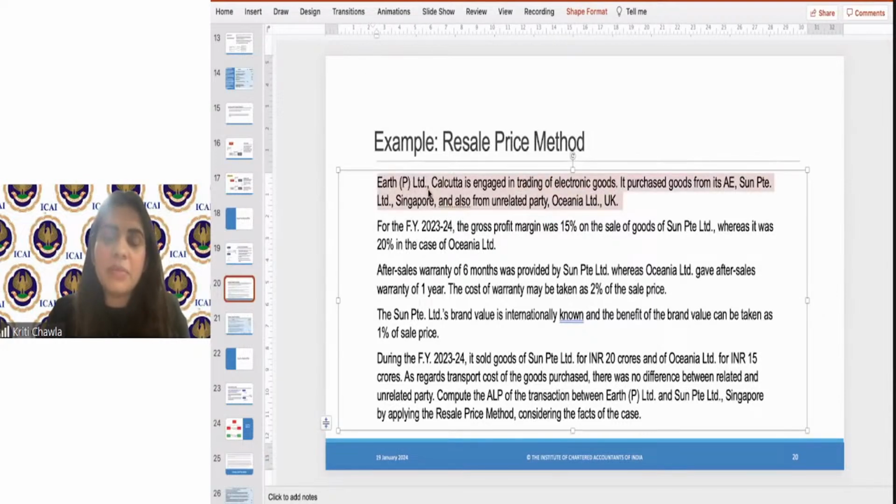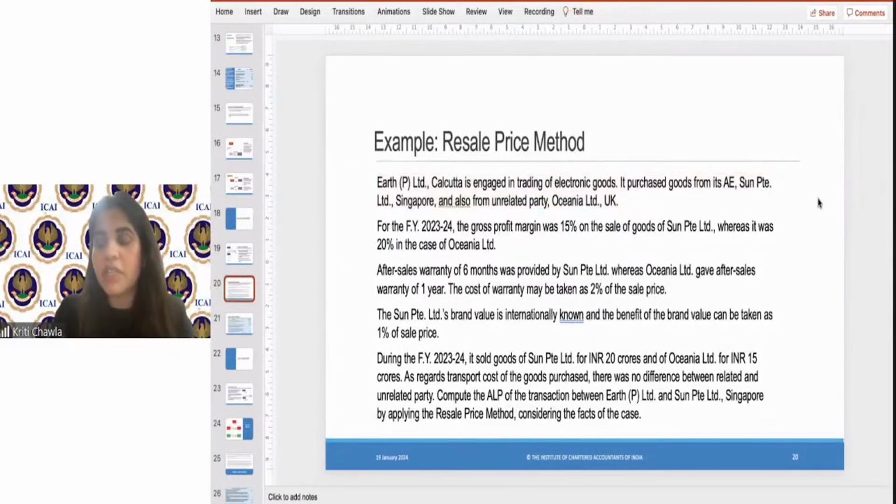So Earth Private Limited, Calcutta, is engaged in trading of electronic goods. It purchased goods from its AE, Sun Pte Singapore, and also from an unrelated party, Oceana Limited, UK. So that basically means that Earth is the subsidiary company, and Earth is in trading. Now it is purchasing goods from Sun Pte Limited, which is the related party, and also from a non-AE company, Oceana.